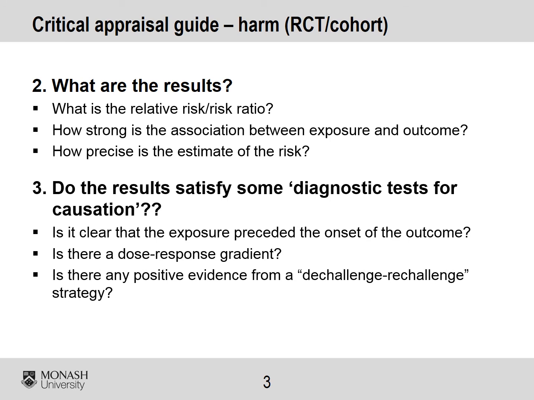If we remove the NSAID, so the patient doesn't consume the NSAID, do their GI side effects also cease? That's an example of de-challenge re-challenge. By taking away the exposure or risk factor, does it change the outcome? Again, it may not be relevant depending on your question and the study you've chosen. In that case, please just describe why that's not possible and what implications it may have for your study.